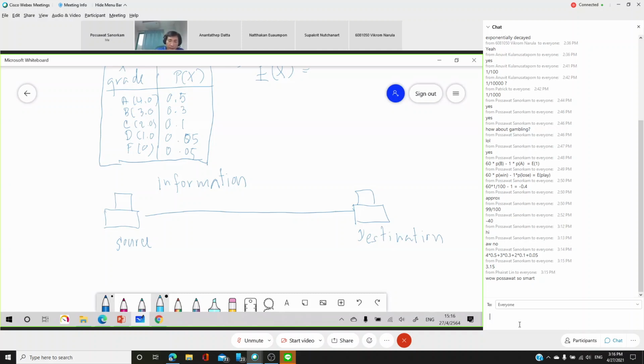And we have a problem. Actually, noise could come in anywhere, but most of the time it comes in the channel. We call this the channel. The channel could be a wire channel, could be wireless. Wireless means the information goes through the air.